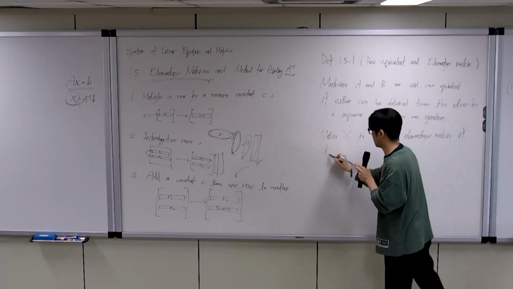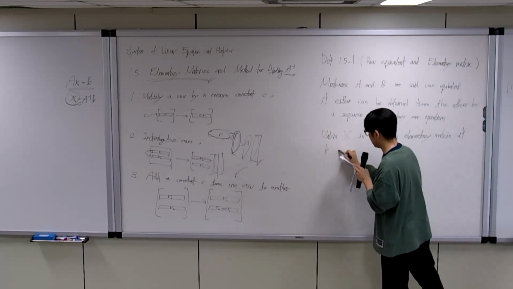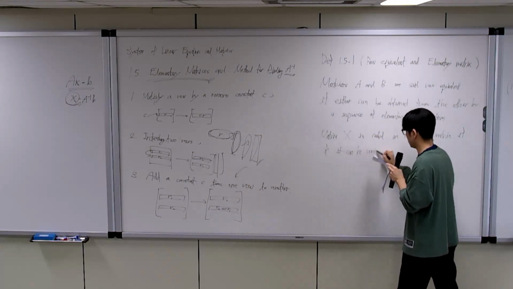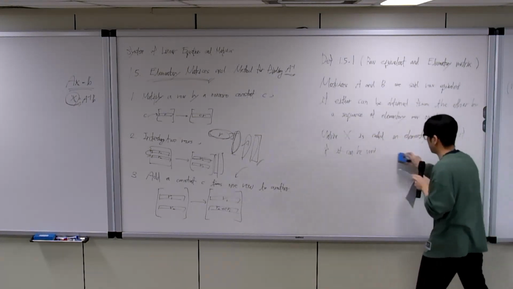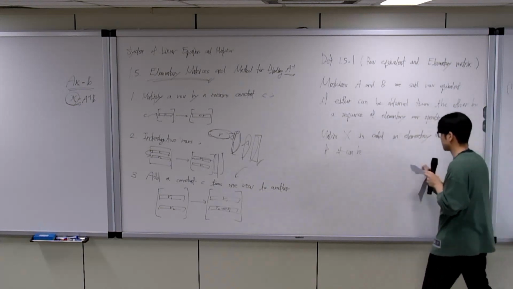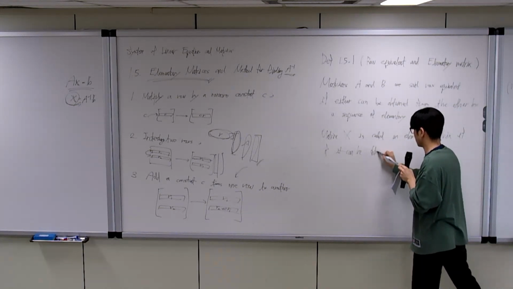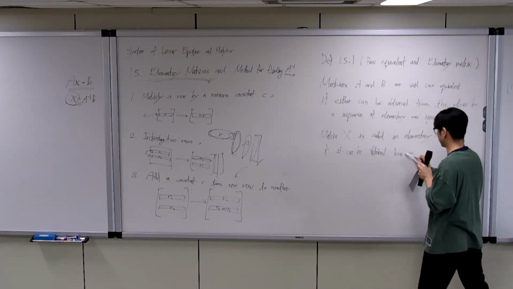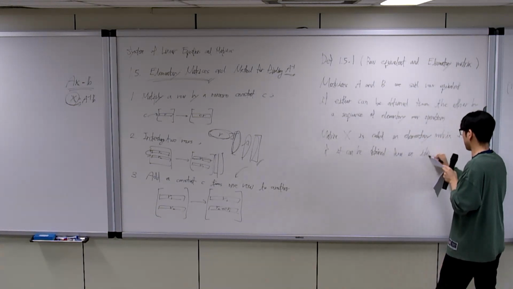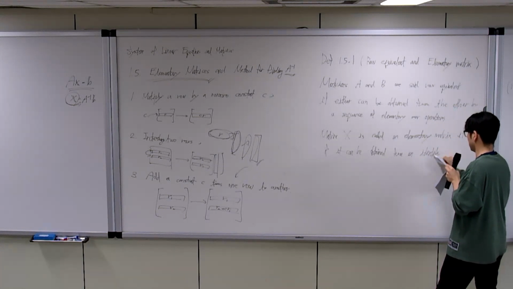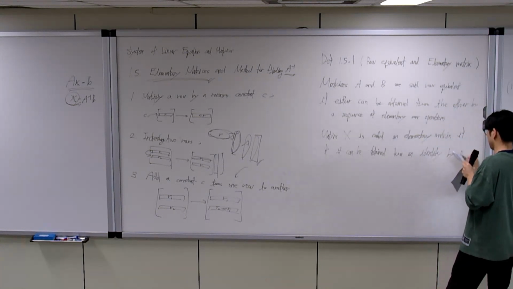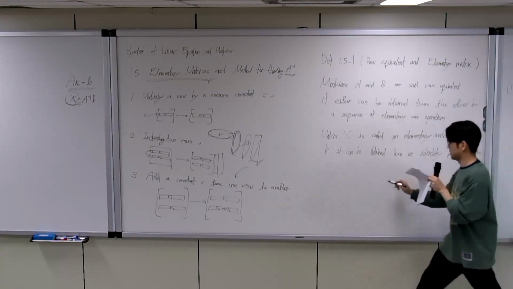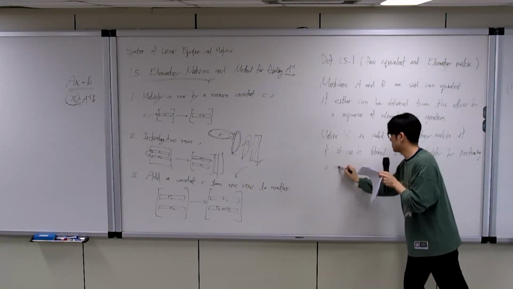I will write: obtained from the identity by performing a single row operation.